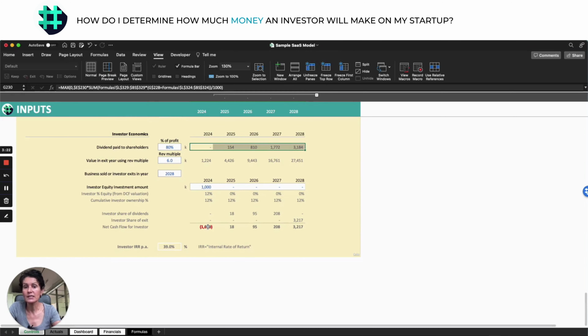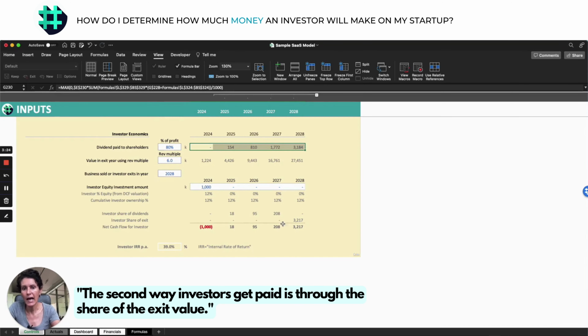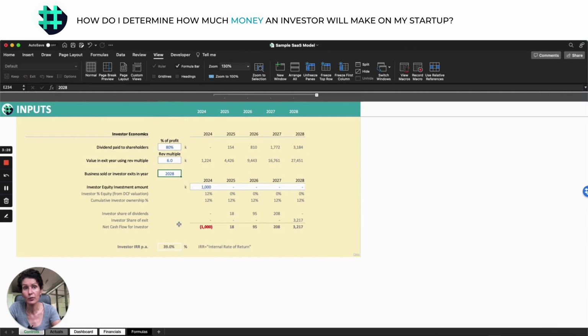In addition, the second way that they get paid is at the exit, which is, we've said, going to happen in 2028, we hope. And we use this revenue multiple to come up with the exit value. This is their share of the exit value.